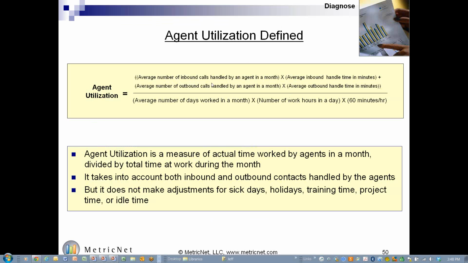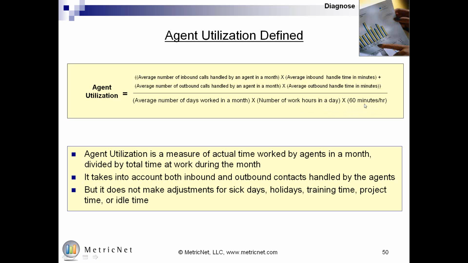You look at the number of inbound calls handled by an agent in a month, multiply that by inbound handle time, and you add to that the number of outbound calls handled by an agent in a month, multiply that by outbound handle time. The denominator is the number of days worked in a month, which is typically about 21.5, times the number of work hours in a day, typically 7.5, times 60 minutes per hour. This denominator will end up being about 10,000 minutes. The numerator is just the workload that the individual agent takes on.